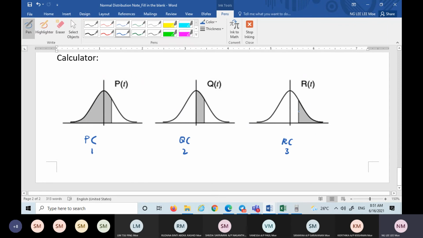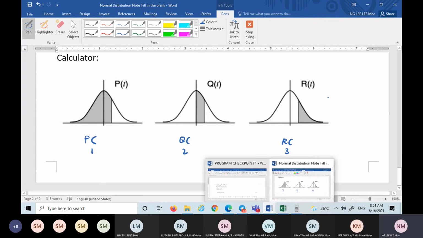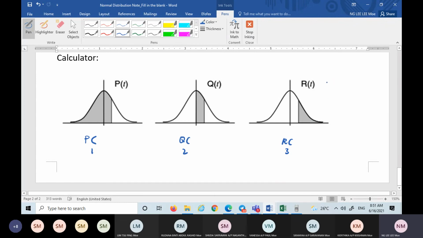So if this is the right tail, meaning the one we always read from the table, then you choose 3. Like the question just now. I copy the question here again, sorry. This is a right tail, so you press 3.